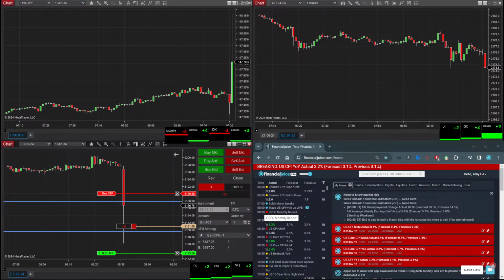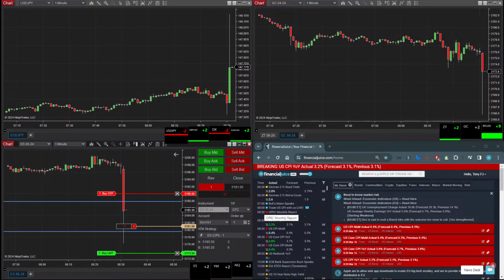It's pulled back quite a bit from that. So the only figure that was in line with expectation was the CPI month to month. But we'll also keep an eye on what TICKSTRIKE is doing too. See how that plays out.